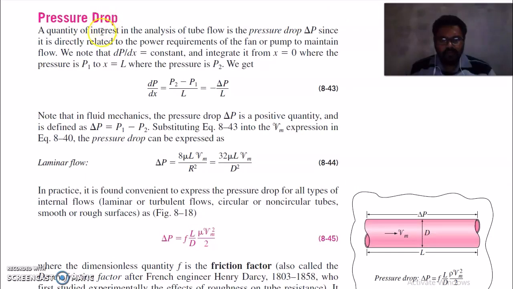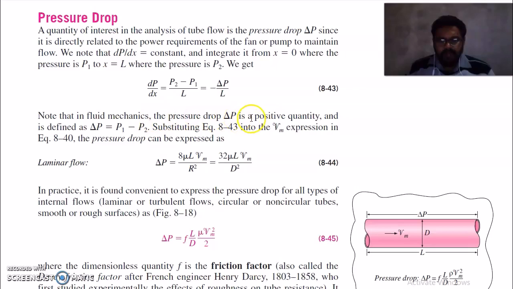Pressure drop is also a quantity of interest in analysis of tube flow. Now we know dp by dx is equal to constant, and when you integrate it from x is equal to 0, where the pressure is P1, to x is equal to L, where pressure is say P2, dp by dx is equal to P2 minus P1 by L, which is equal to minus del P by L, where del P is equal to P1 minus P2.